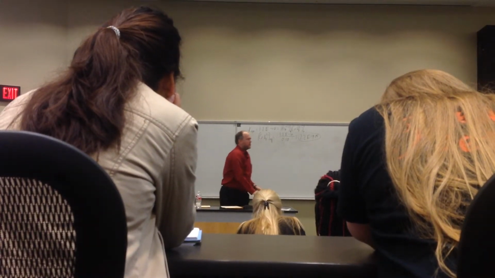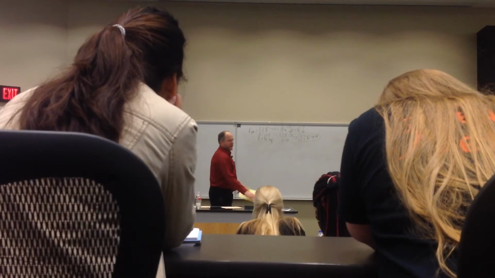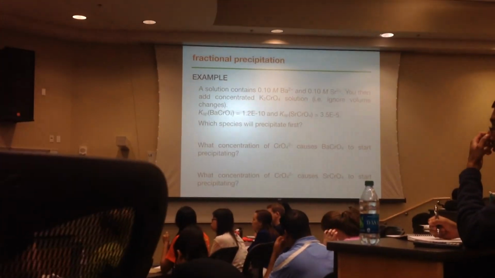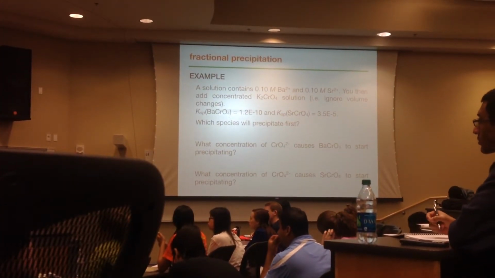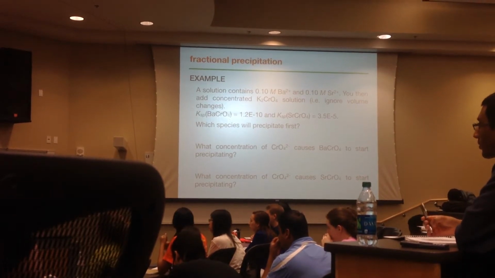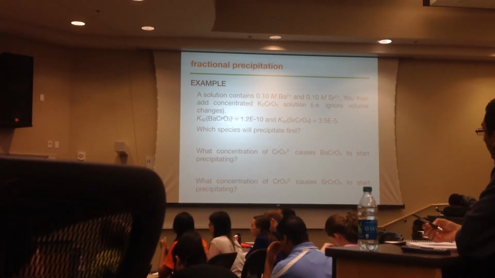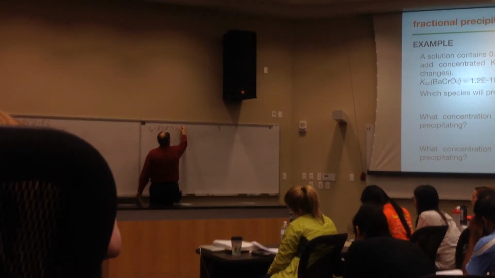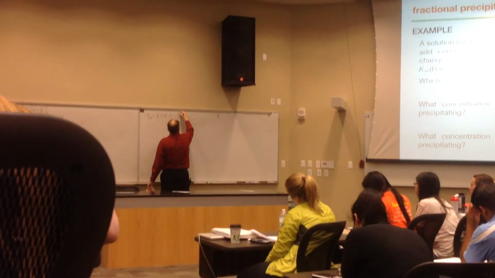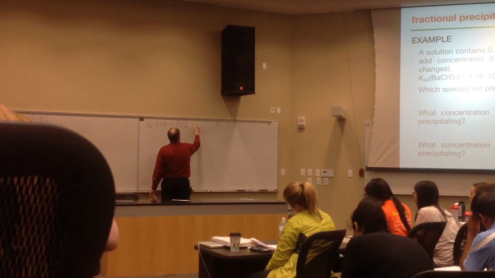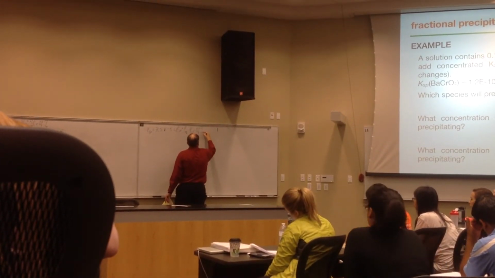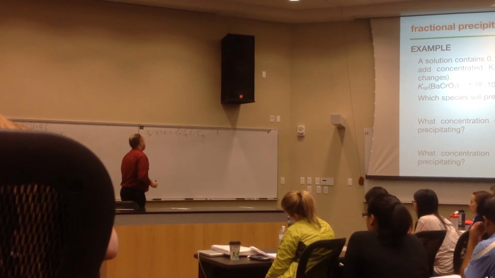Not horrible. Notice all I did is plug values into the KSP expression. What concentration of chromate causes the strontium chromate to start precipitating? I solve it the same way. KSP, 3.5 times 10 to the minus 5, is equal to the strontium concentration times the chromate concentration. This is considered at equilibrium because it's when it just starts to precipitate.